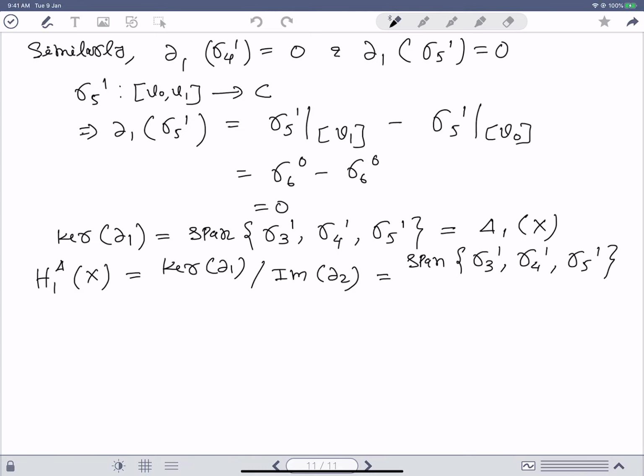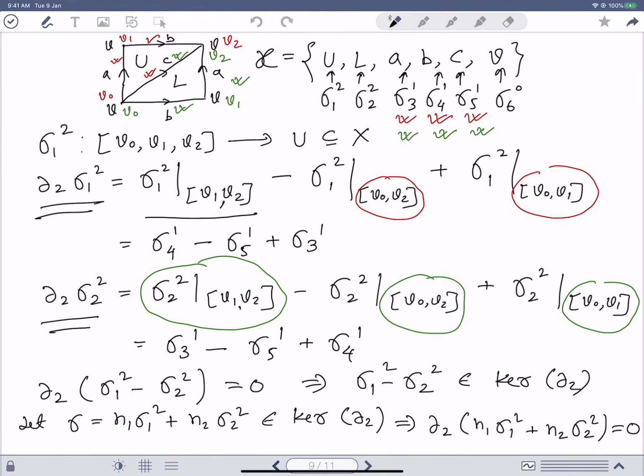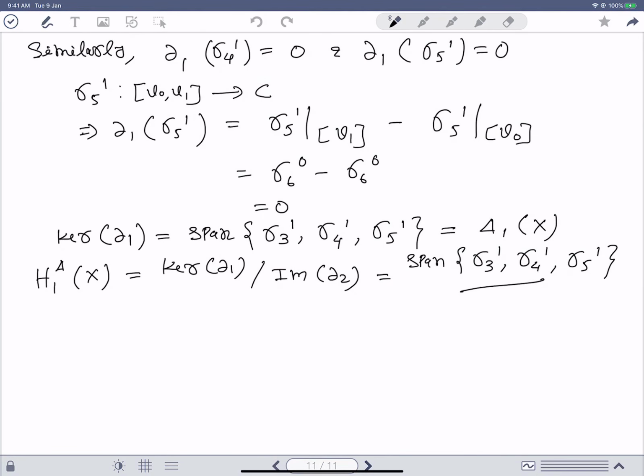And what is the image of delta 2? We have already seen that the image of delta 2, right? So this is this. So both are the same. So this is the quotient by the span of sigma 3 minus sigma 5 plus sigma 4.